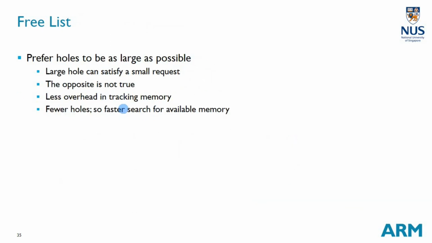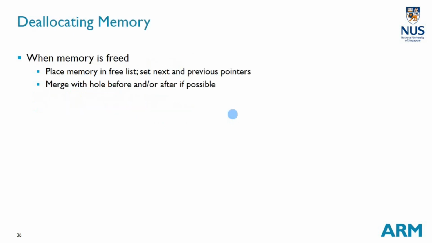Of course, what we want is for holes to be as large as possible. Why? Because a larger hole can still satisfy a small memory request, but it's not true the other way around. We also want as few holes as possible, so that we can search for the available memory as quickly as possible and allocate it to the process that needs it.